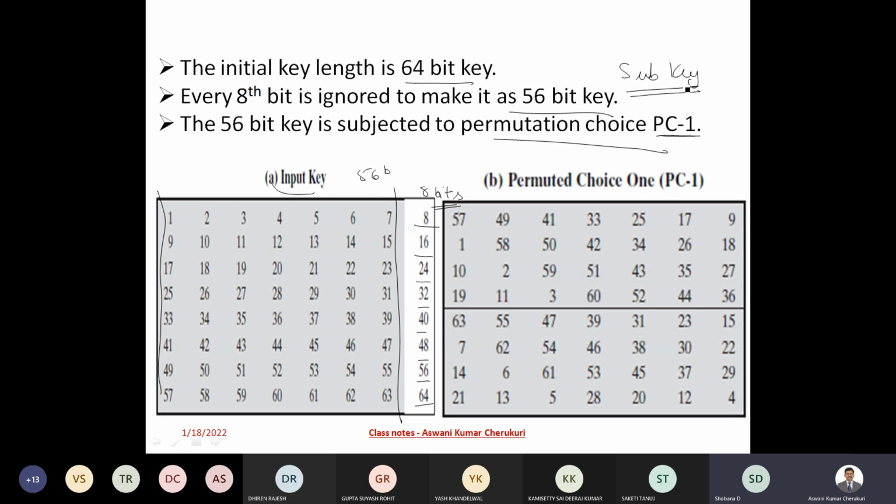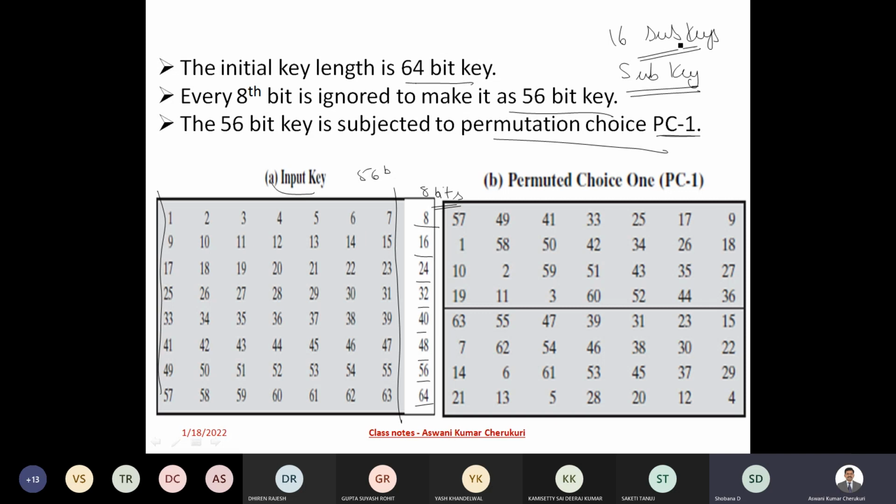How many subkeys do we need to generate? Am I audible here? Yes, sir. How many subkeys do we need to generate? 16 subkeys, right?